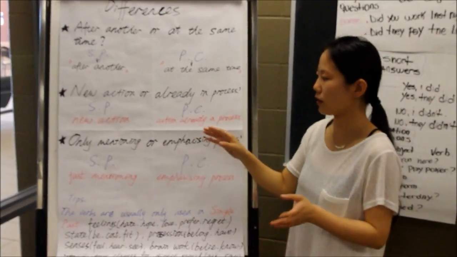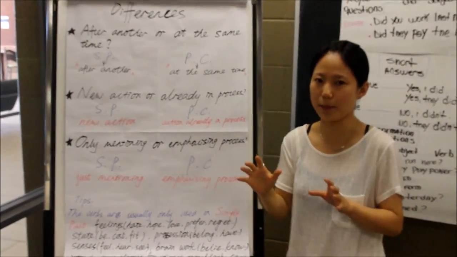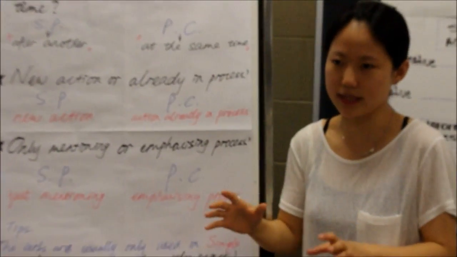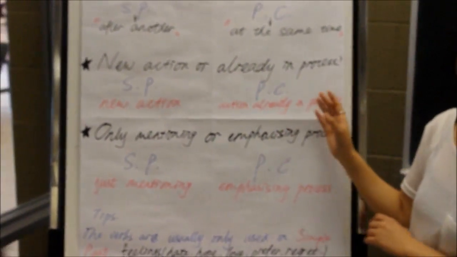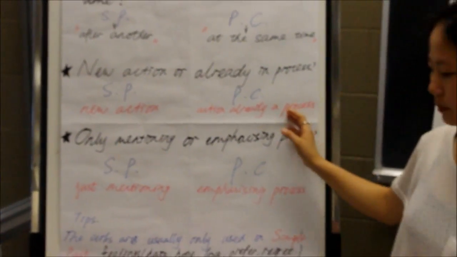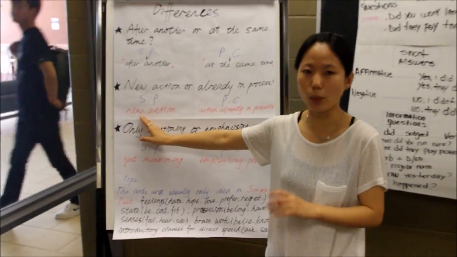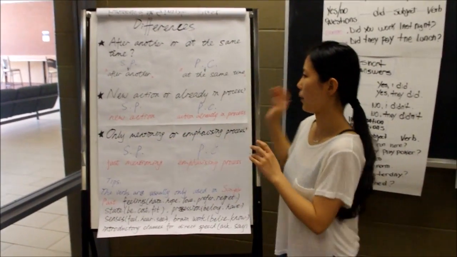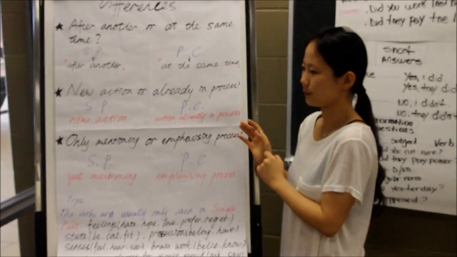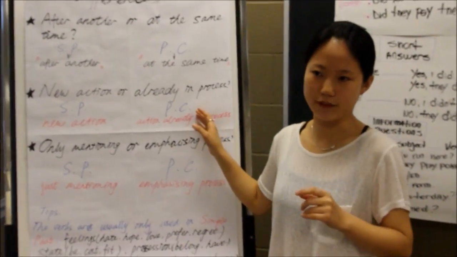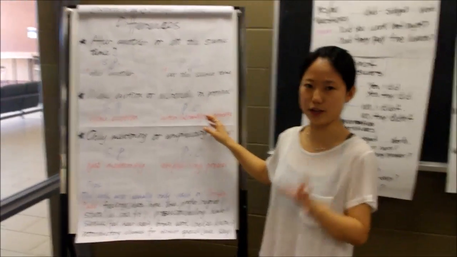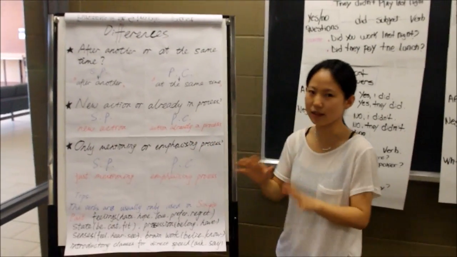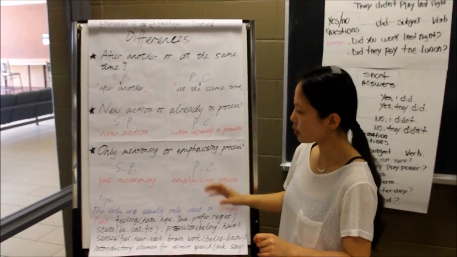But when we talk about an action that already happened and is in the process, we should use the past continuous. For example, he did the homework yesterday. But for this part, he was fishing at that river at noon. So that's the difference.